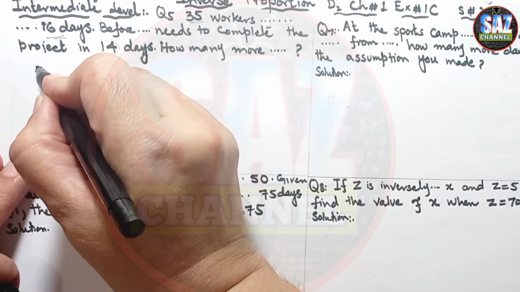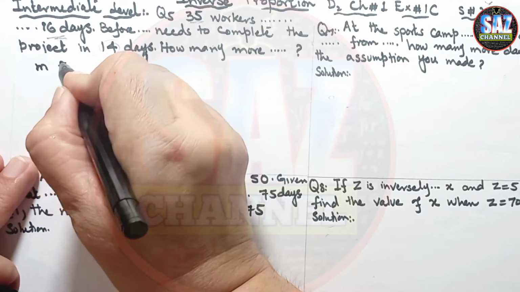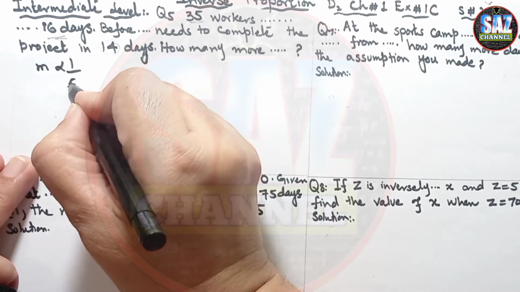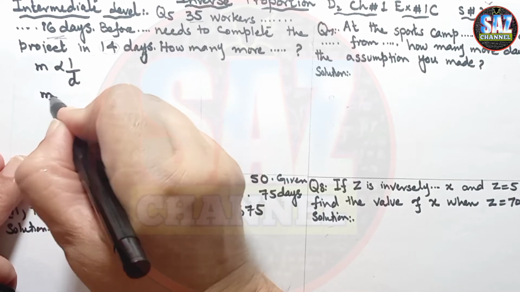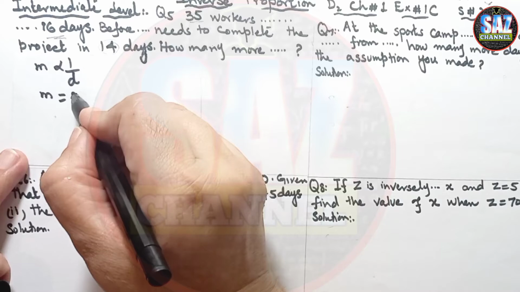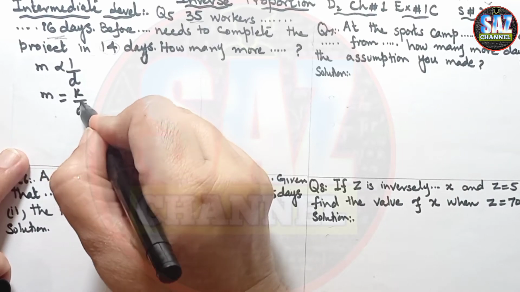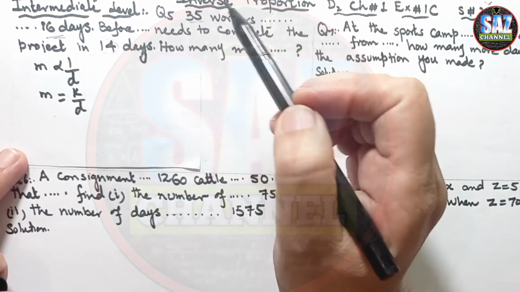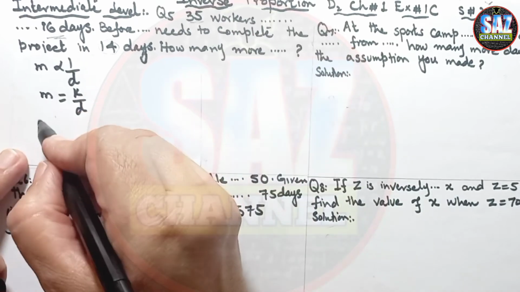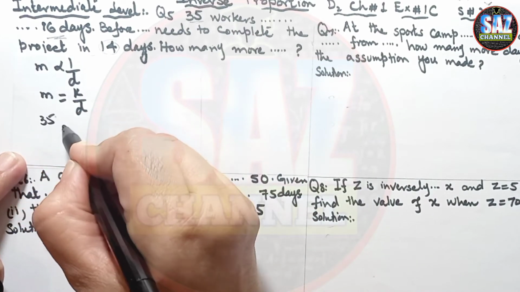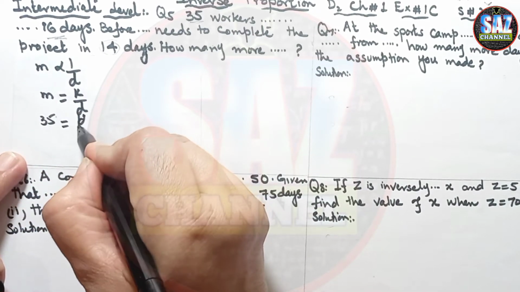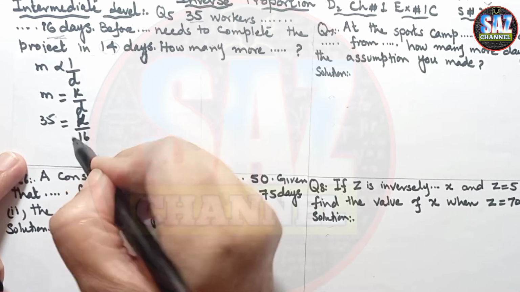Men are inversely proportional to days, so m equals k upon d. Now workers were 35, men were 35, when the days were 16, so 35 equals k upon 16.